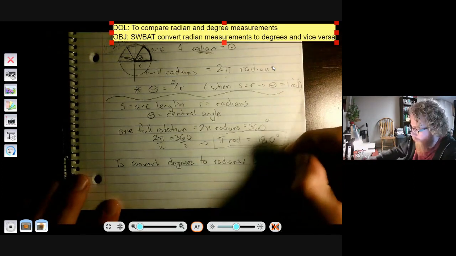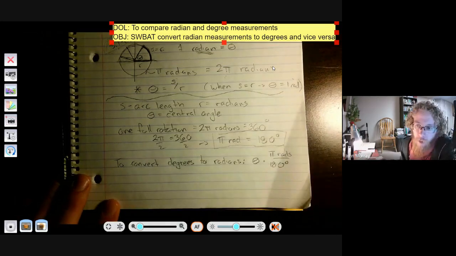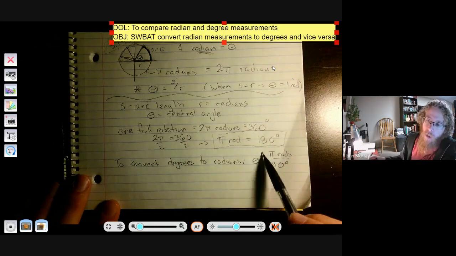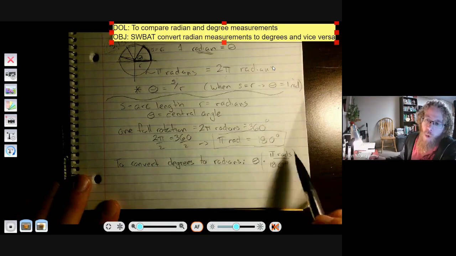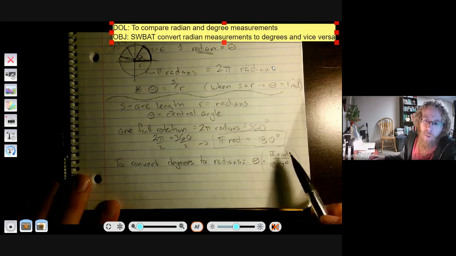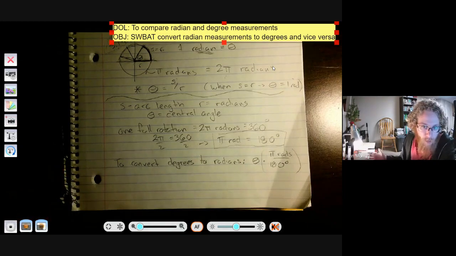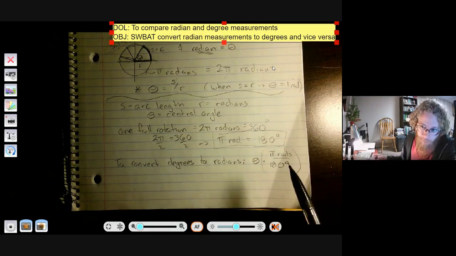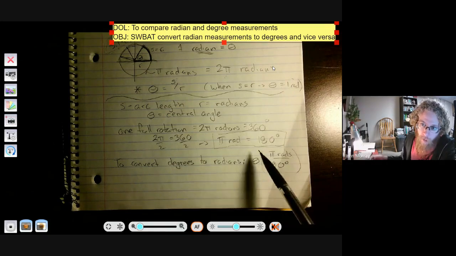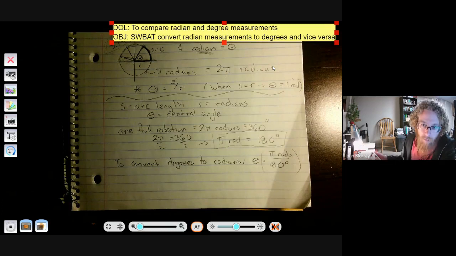So what I do is I multiply by a fraction, pi radians over 180 degrees. The reason I can do this is because this is 1. Pi radians is 180 degrees. If I multiply by 1, I'm not changing anything. That goes back to our algebra and things like finding common denominators. If I multiply the numerator and the denominator by the same thing, essentially, I'm not changing anything.